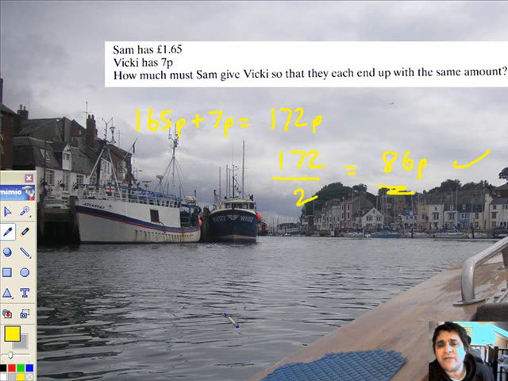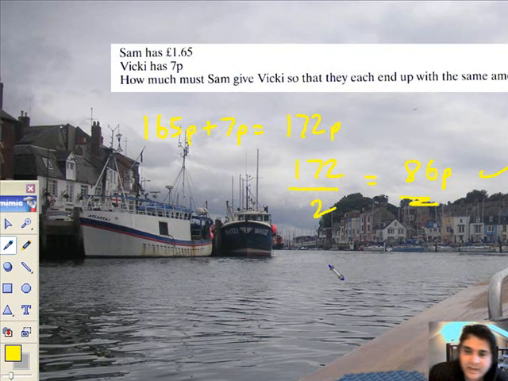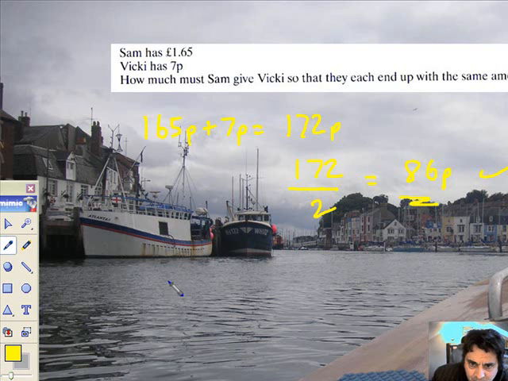Right, he's not going to give her 86p because she already has 7p of her own. Therefore, how much must he give her? So, not 86. Let's have a look. She's got 7p, so it's going to be 86, take away 7. She needs another 79p extra.